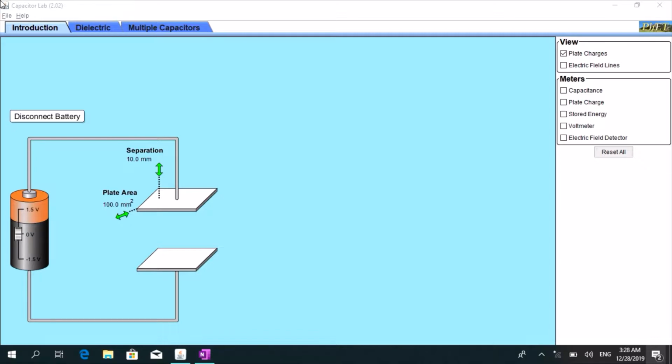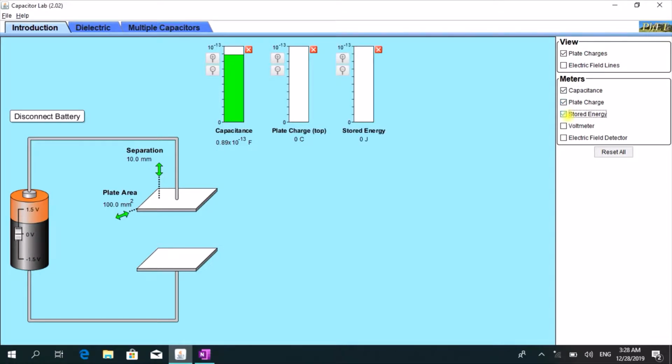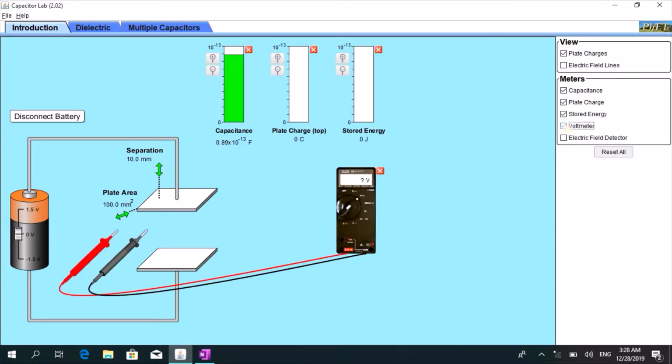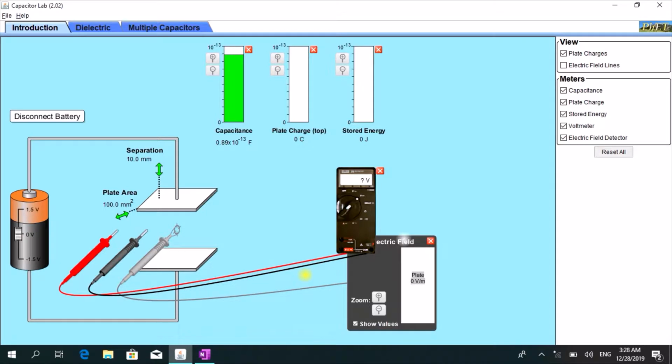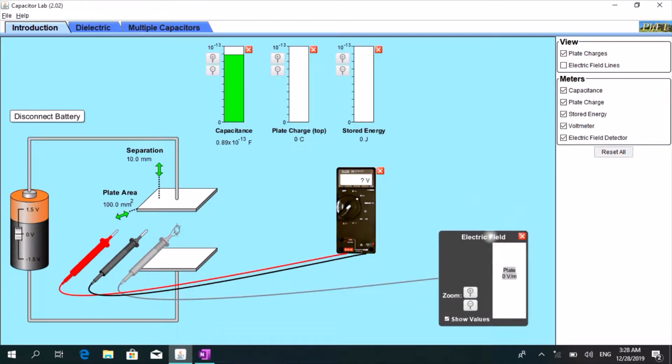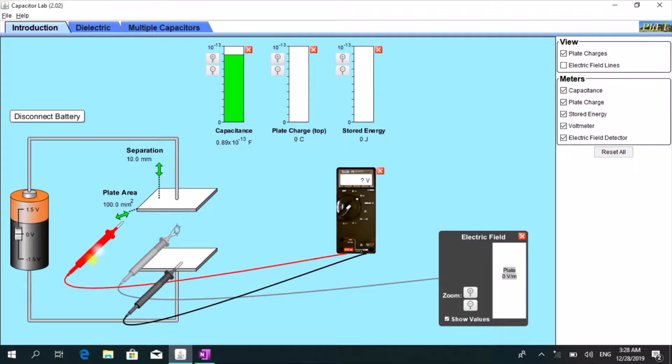and let's see what will happen to the capacitance, plate charge, stored energy, the voltage across the plates, and the electric field between the two plates. So let's set our probes, the negative to the negative and the positive to the positive.